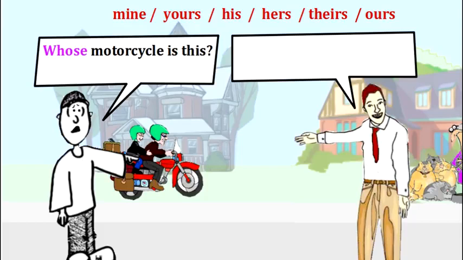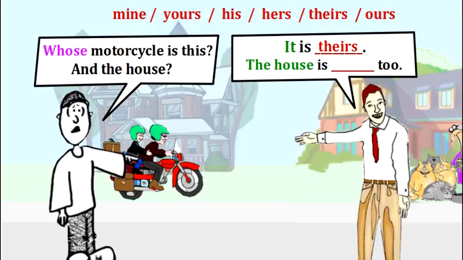Whose motorcycle is this? It is theirs. And the house? The house is theirs too.